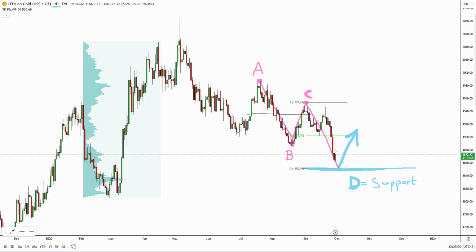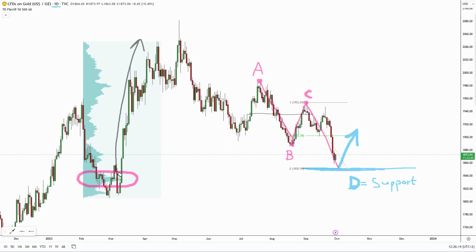As you can see on my screen, I also have a volume profile printed here. The reason is that I wanted to show you that in here, massive volumes were traded. And those massive volumes were traded right before the price went aggressively upwards.